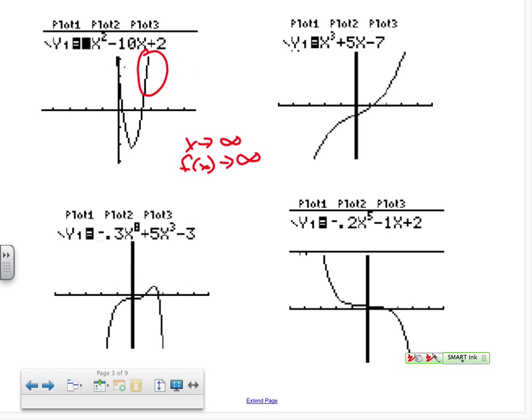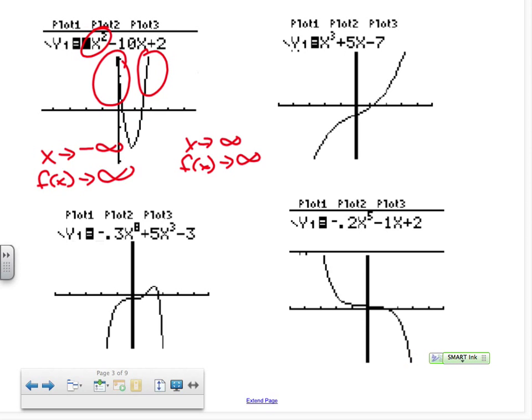The left side is doing the same thing. The left side is going to positive infinity. We'd say as x goes to negative infinity, f of x goes to infinity. And take a look at the lead coefficient there.